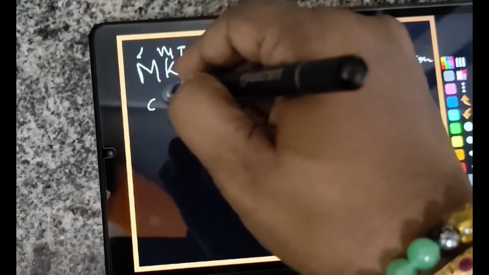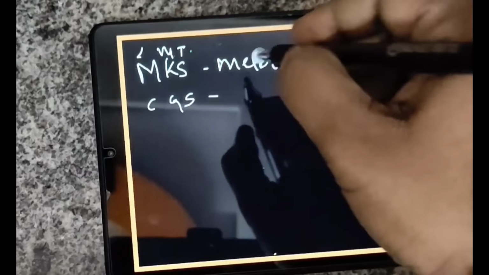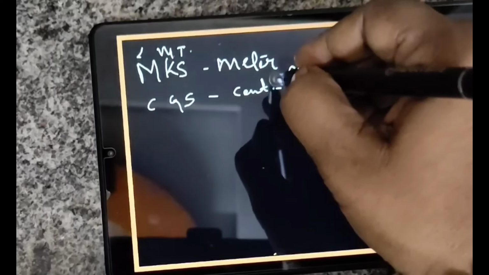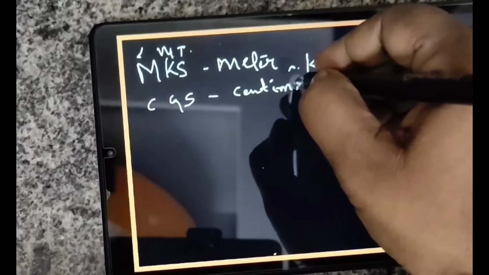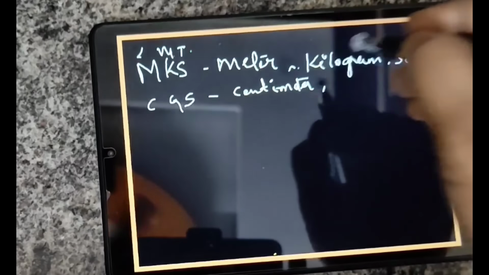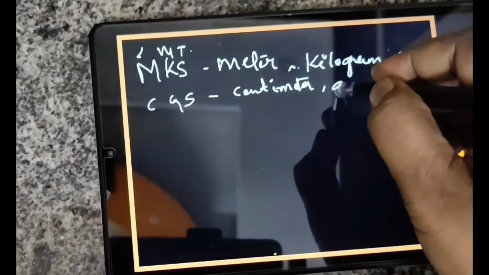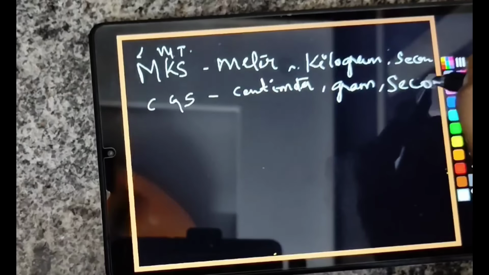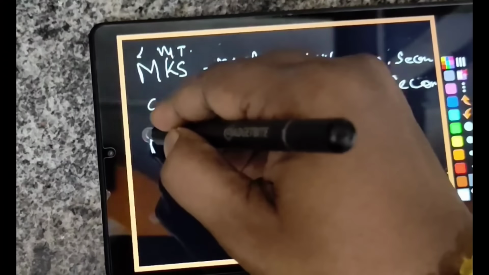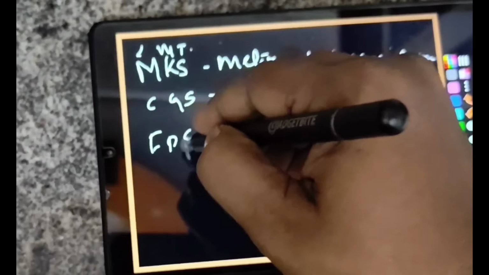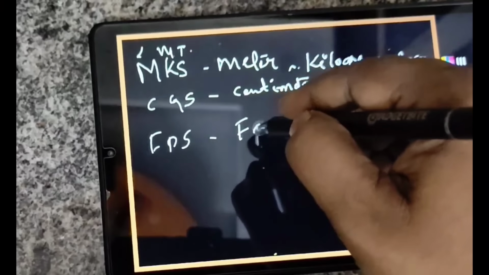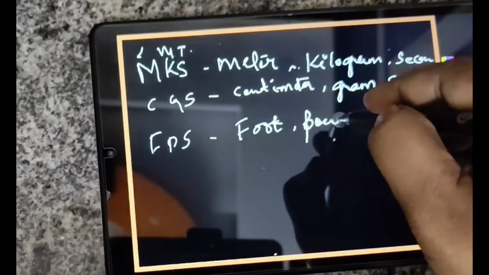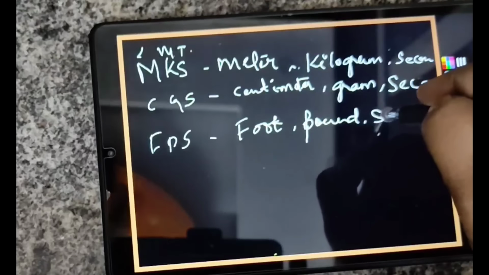Then CGS, it is centimeter, gram, and second. Then the FPS system stands for foot, pound, and second.